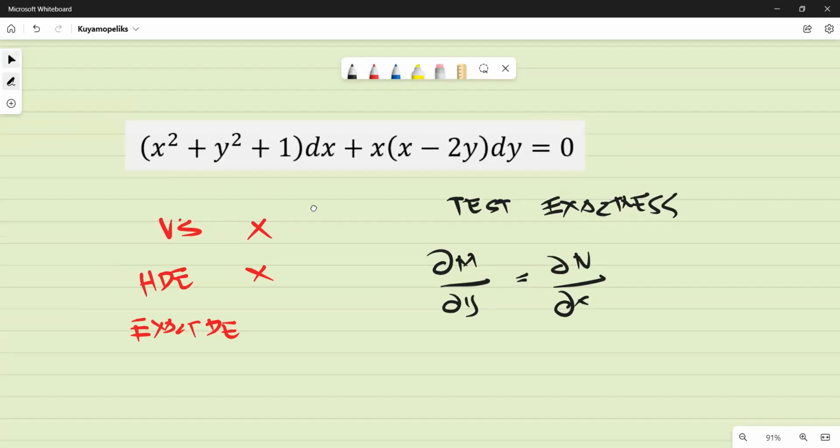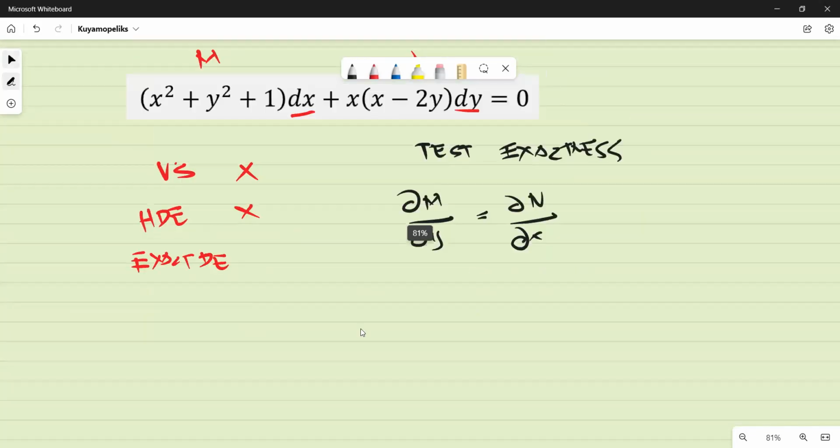Now, in this particular example, which one is M and which one is N? Basically, the term beside dx is M, and the term beside dy is N. So let's write that. M is equal to x squared plus y squared plus 1. Then our N is x quantity x minus 2y, the whole thing.